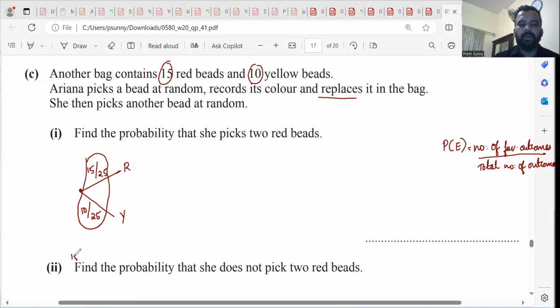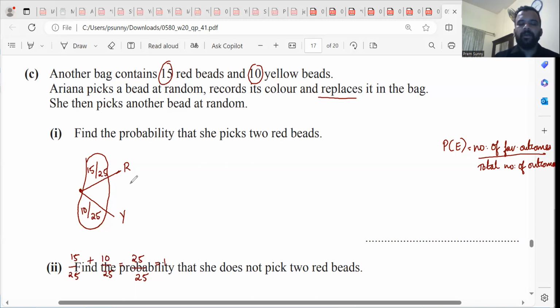So 15 by 25 plus 10 by 25, since the denominators are the same, I can just add the numerators. 15 plus 10 is 25. So 25 by 25 is 1. So that is a speciality in tree diagram. Whenever we add the values in a branch, we will be getting the value as 1.